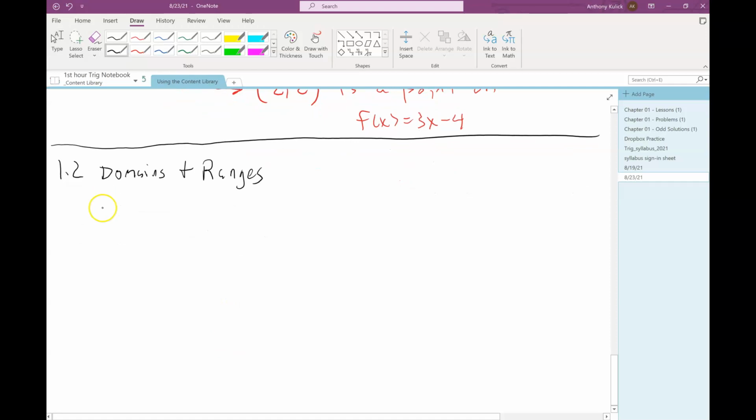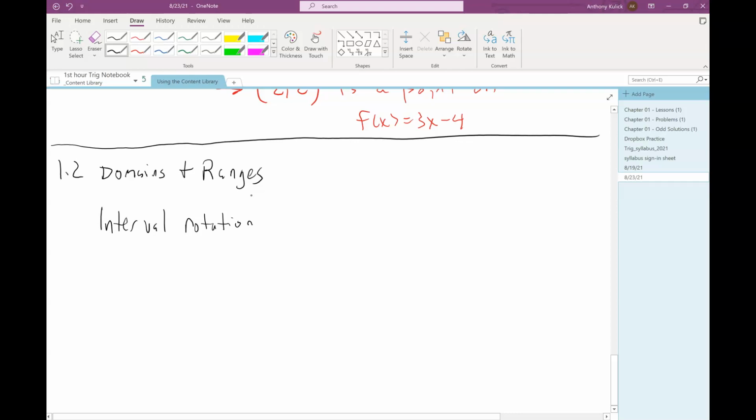Interval notation is just a way of representing a set. Not all sets can be represented with interval notation, but if you have a continuous set, interval notation is useful.